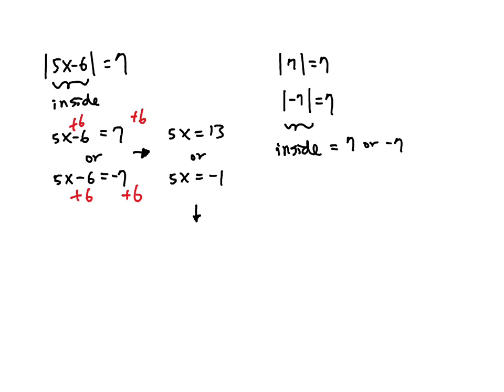Everybody divide by 5. So I get either x equals 13 over 5 or x equals negative 1 over 5. And then we are done with this one. Pretty straightforward. Once you get rid of the absolute value symbol, they just become two separate linear equations.